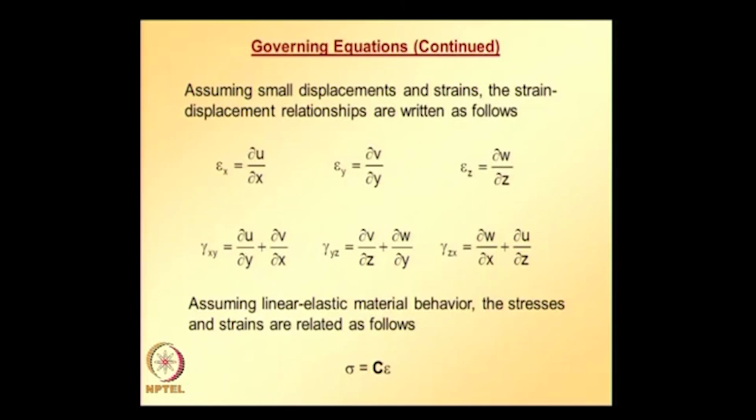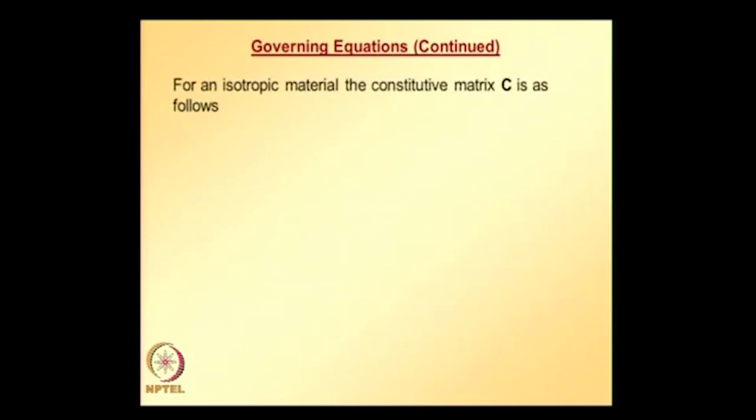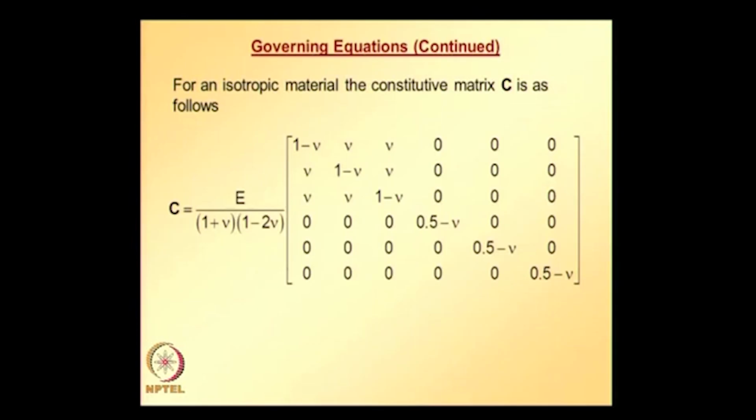For isotropic linear elastic material, this constitutive matrix is given by this one, where E is Young's modulus, mu is Poisson's ratio. So, constitutive matrix requires 2 material parameters, Young's modulus and Poisson's ratio.